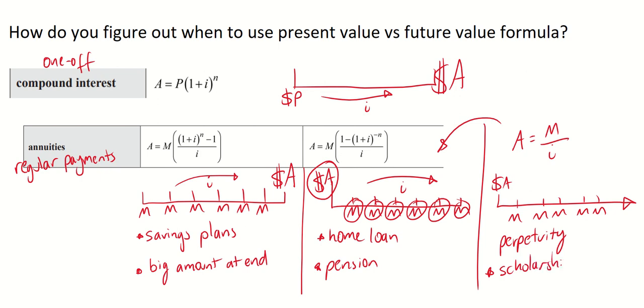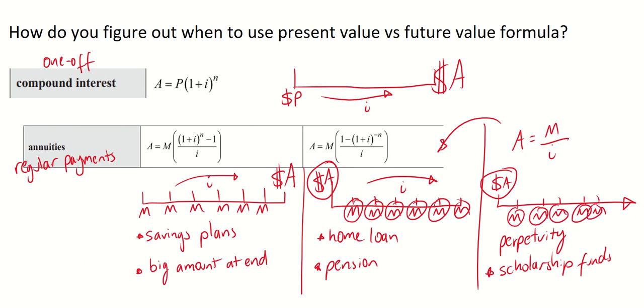So perhaps at your school there's a scholarship that students win every year, might be $200, and it's always the same amount every year. It'll pretty much go forever. Probably named after someone. That person gave a big amount of money to the school, maybe $5,000, which allows the school every year to make these regular payments to the scholarship winner.